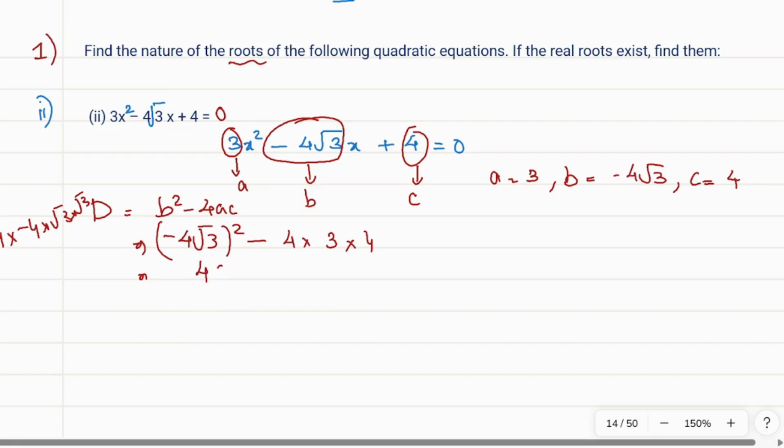Then minus 4 into 4 into 3, again 16 into 3, which is 48. That means we are getting the value as 0.